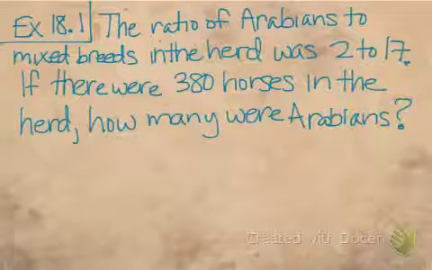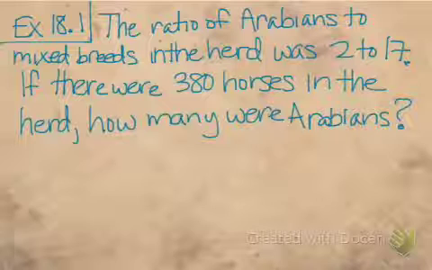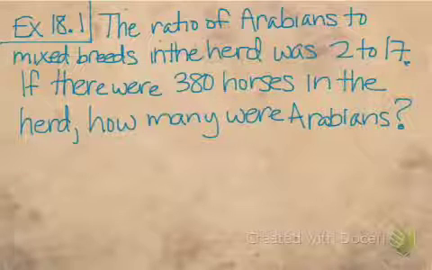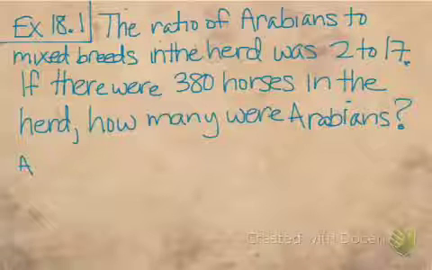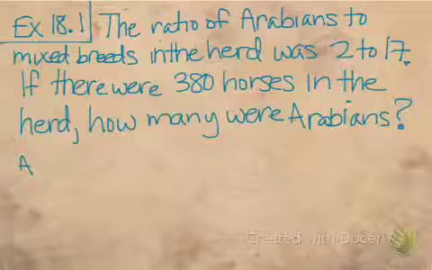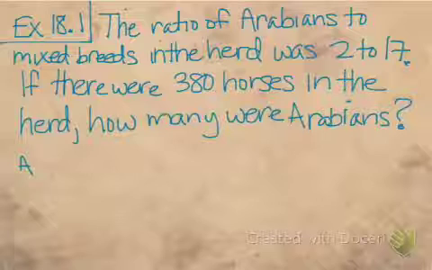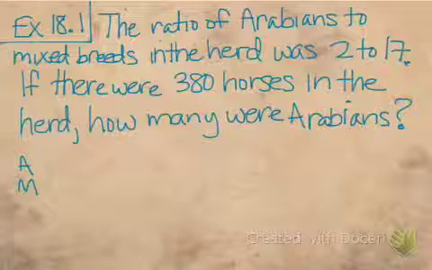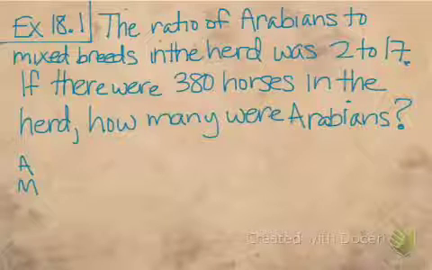The ratio of Arabians to mixed breeds in the herd was 2 to 17. If there were 380 horses in the herd, how many were Arabians? So with these problems, you have to list the three pieces of information that are given. First of all, we have Arabians and mixed breeds, but then we also have total number of horses.